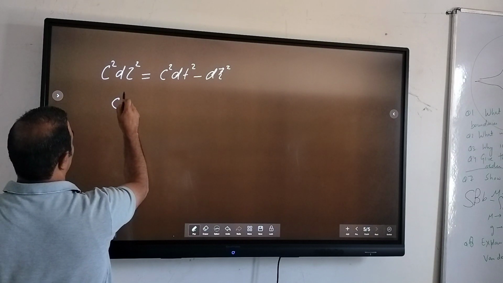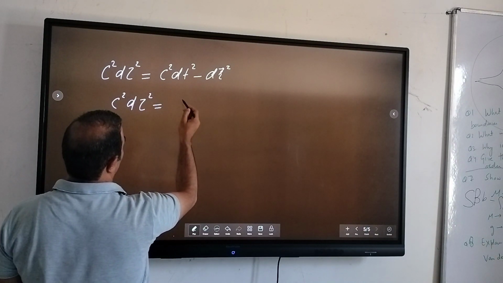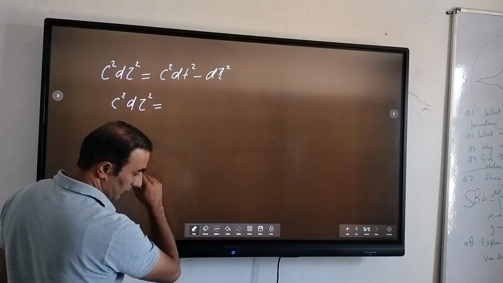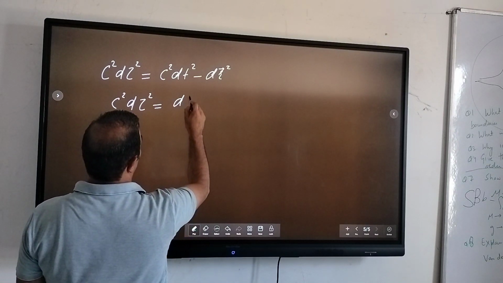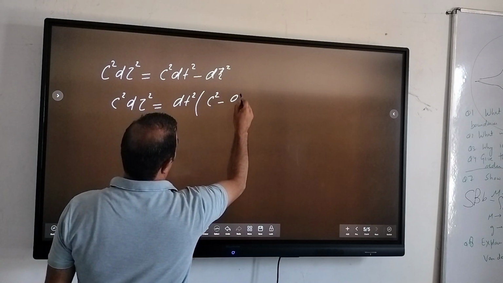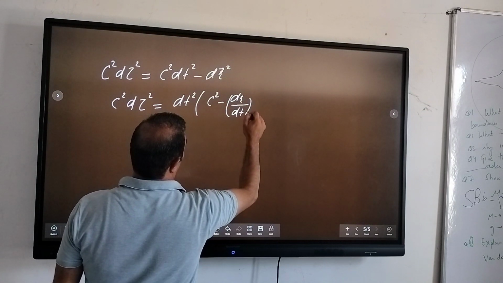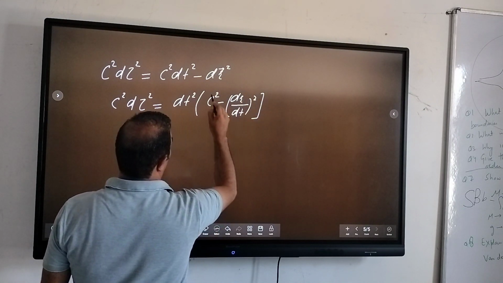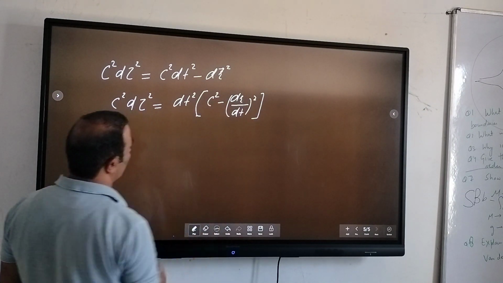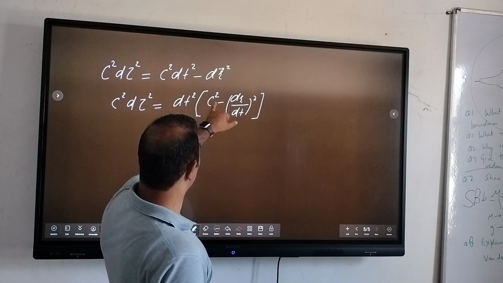You can take dt square common. So I simply take that dt square out, right? And inside that is c square, this one.